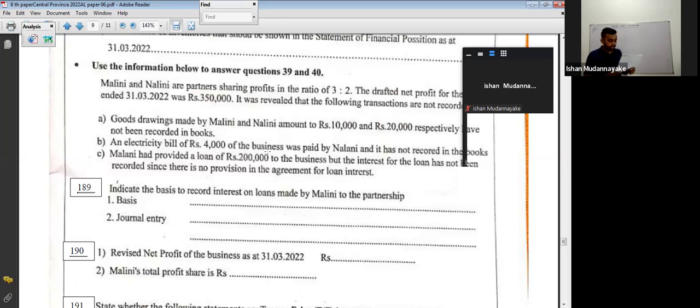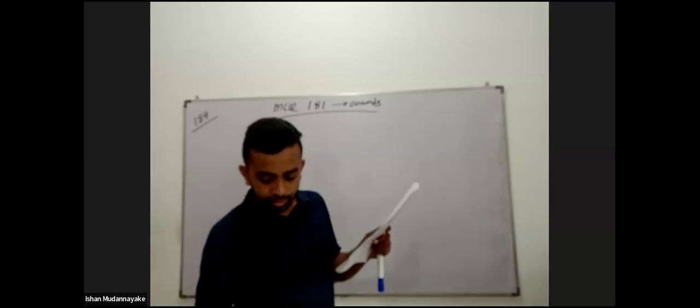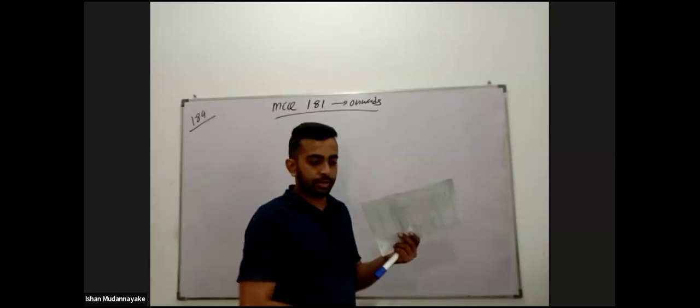What's the journal entry? Journal entry for the loan interest: 200,000 into 5%, that is 10,000. What's the double entry for that one?